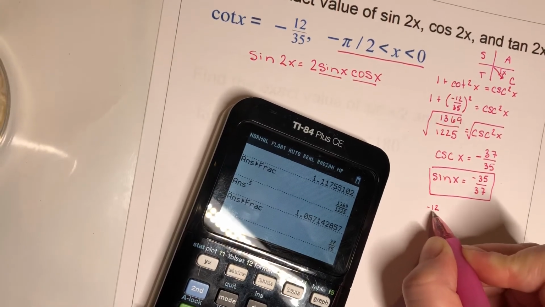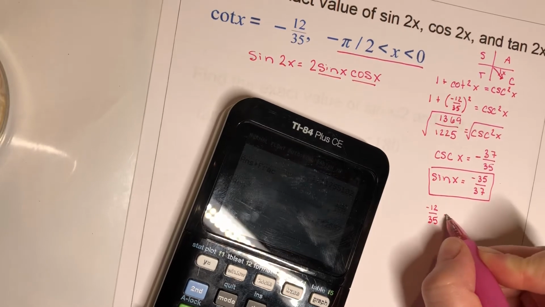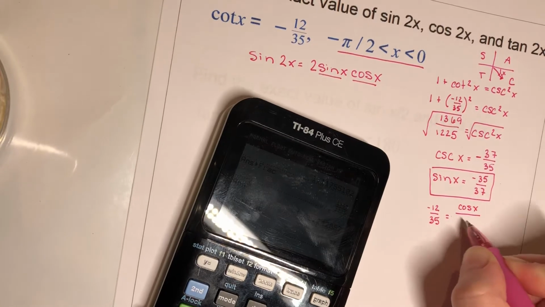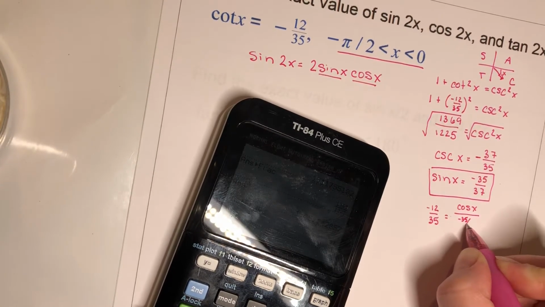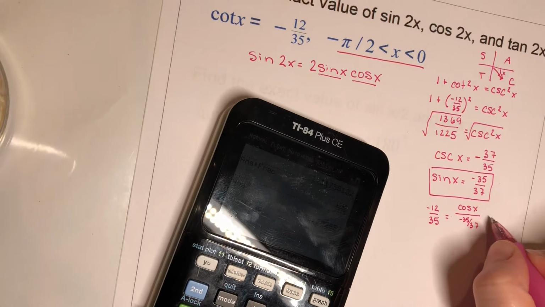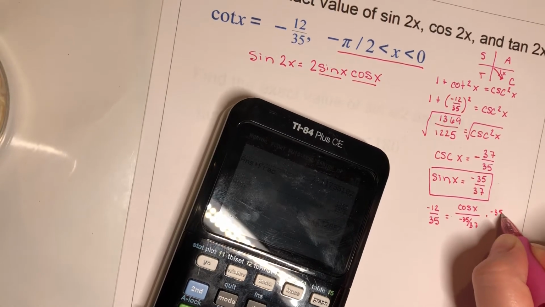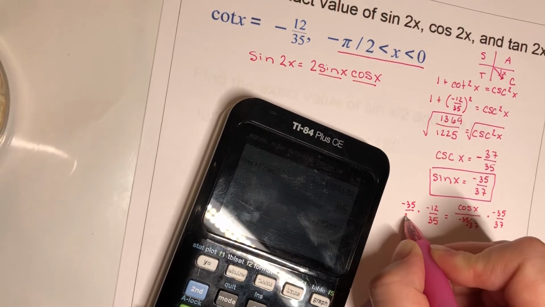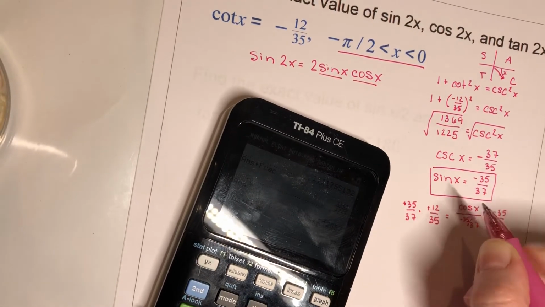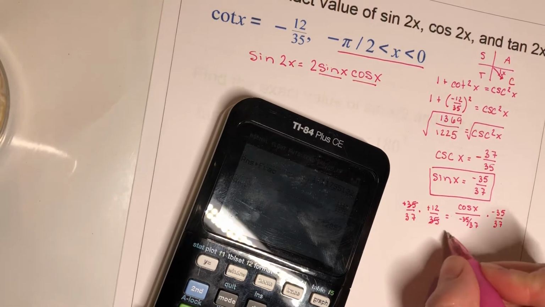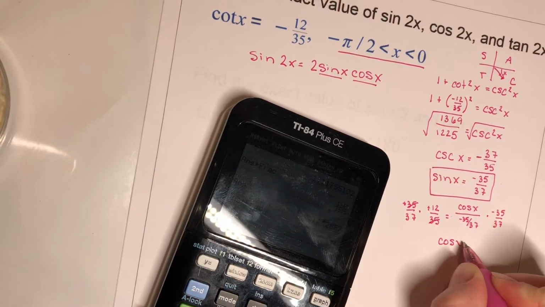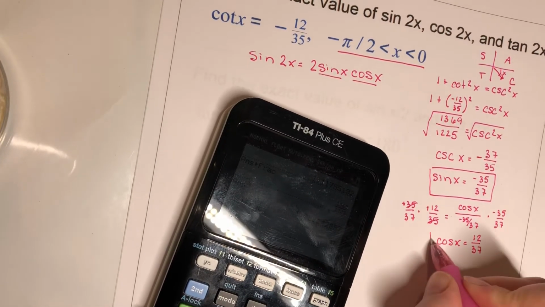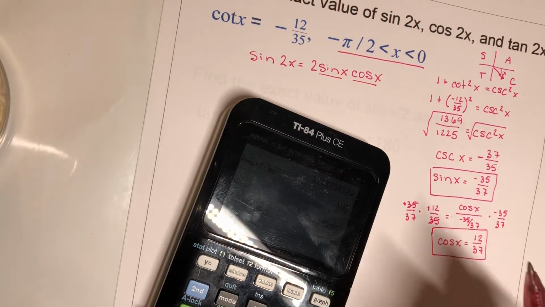So I'd have negative 12 over 35, which is my cotangent, equals cosine over sine, which is this negative 35 over 37. So I could multiply this over to this side. Two negatives cancel, the 35s cancel, and I'd be left with cosine of x equals a positive 12 over 37. And these are the two things I need to be able to find all those double angle identities.